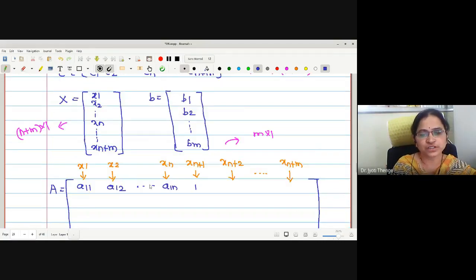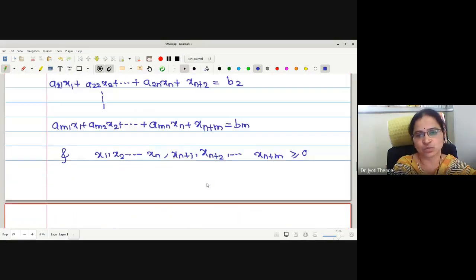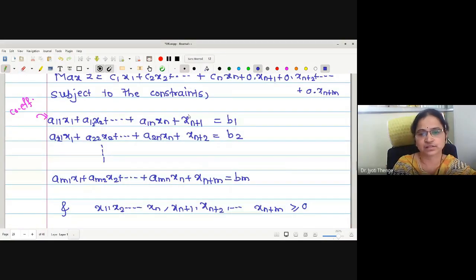What is the coefficient of xn plus 1 in the first equation? This is 1. What is the coefficient of the same in the remaining equations? Is it 0?